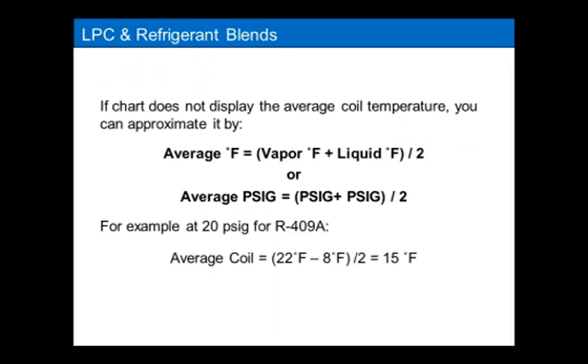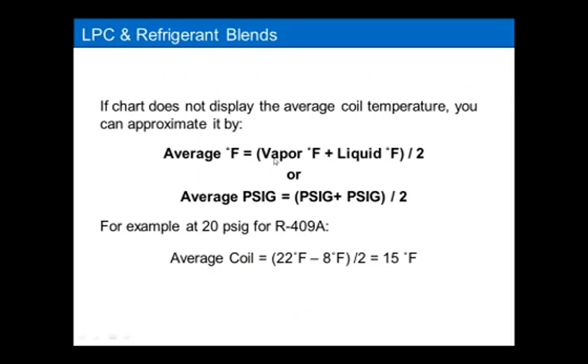If you don't have a card that shows the average, you can still make it work. It's not a perfect formula because the change in temperature and pressure is not linear. There's a slope to it, but this method will get you close enough to have good desired results.